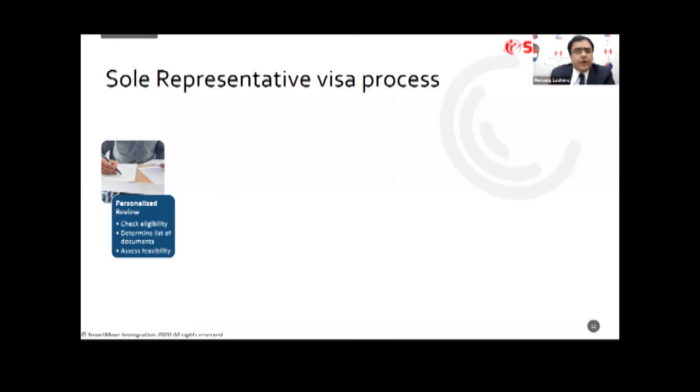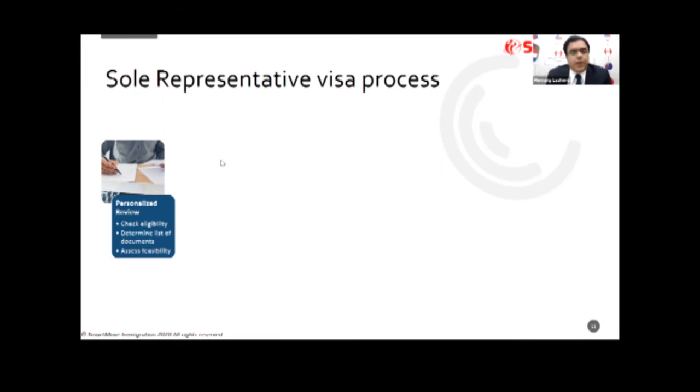So like Samir mentioned earlier in the program as well, what we endeavor to do is to match your needs against what the requirements are and try and find a fit. We wouldn't just look at a checklist which is put up on the gov.uk website and say this is what we need, because that is not relevant to entirely your situation.